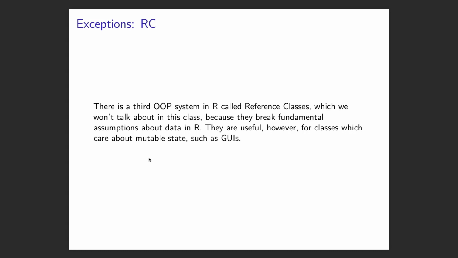Reference classes are mutable. They act more like classes in other object-oriented programming languages like Java or C++, where if you change something in them and you have another variable pointing to the same thing, you will see the exact same changes. And that can be useful in lots of situations, but it does break some fundamental assumptions of how we think about data in R. So we won't talk about them here.